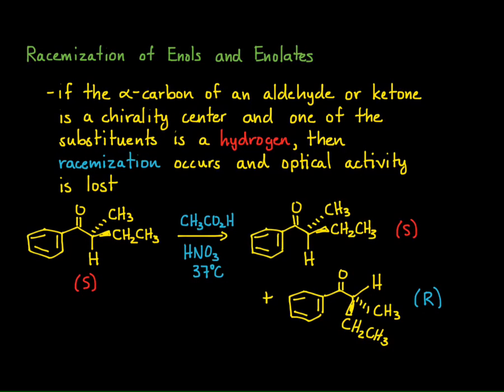As we discussed last semester, racemic mixtures, or 50-50 mixtures of two enantiomers, are optically inactive. And so we've lost the optical activity of our stereoisomer.